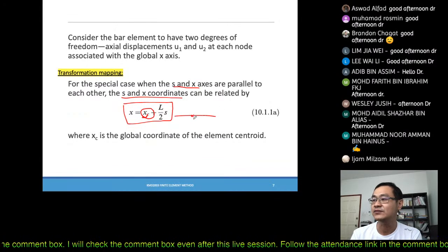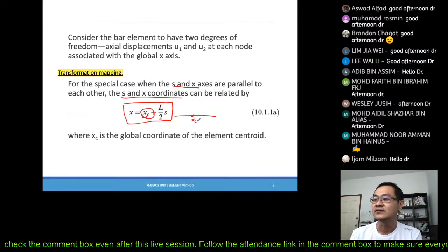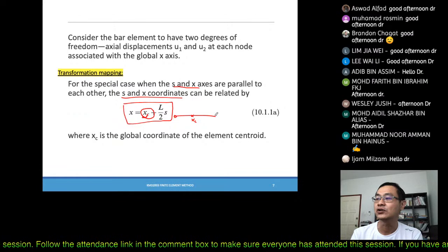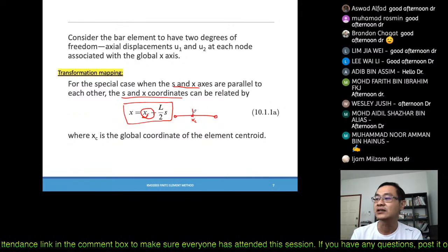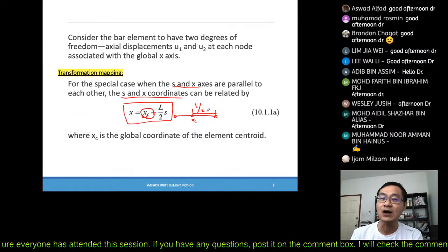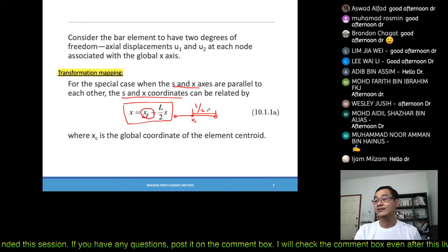This is the centroid, and this is only a half length, so L/2. This is how we can relate them directly.